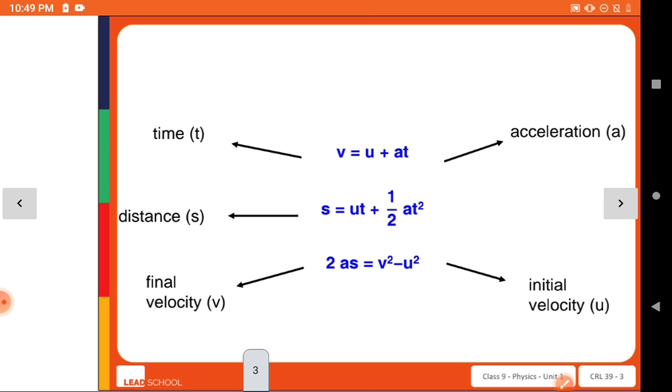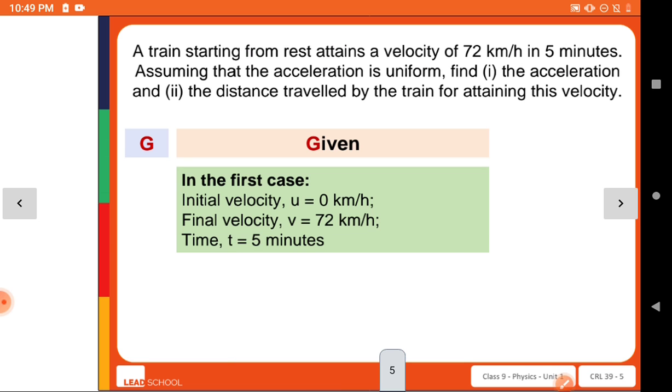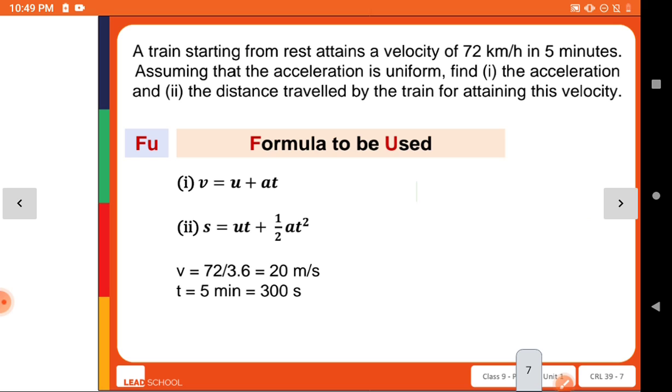So further, we have a numerical. A train starting from rest, which means its initial velocity is 0, attains a velocity of 72 km per hour in 5 minutes. That means the final velocity of the train is 72 km per hour and the time taken t is 5 minutes.